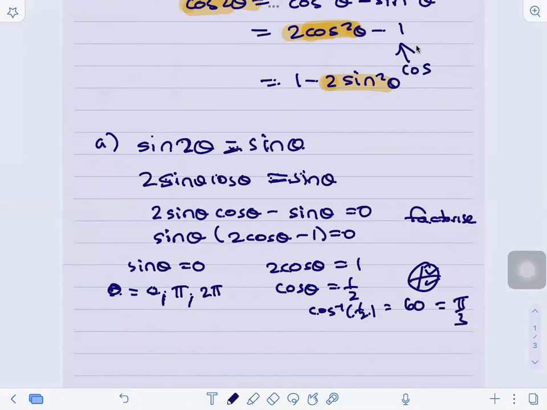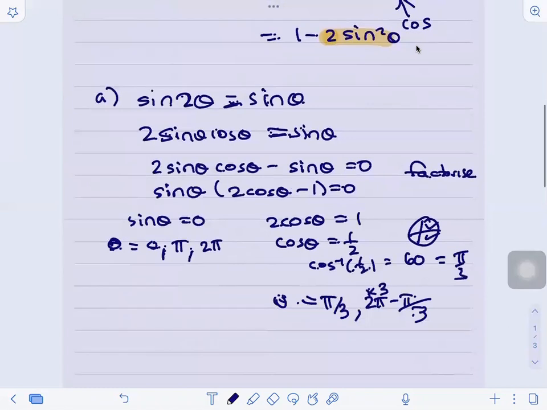So theta would be pi on 3, or it's going to be 2 pi minus pi on 3, which, if you times the top part by 3, is 6 pi minus pi, which is 5 pi. So it's pi on 3 or 5 pi on 3. So the solutions are 0, pi, 2 pi, pi on 3, and 5 pi on 3.